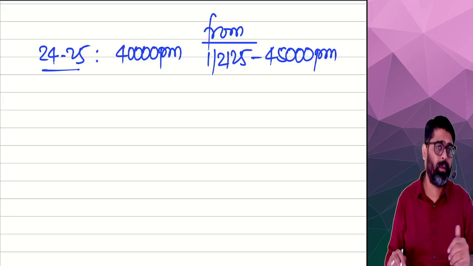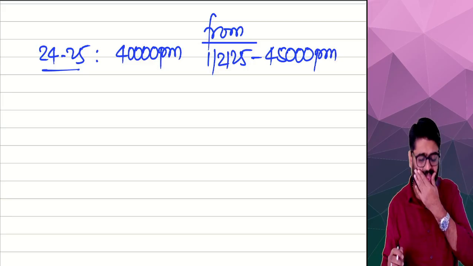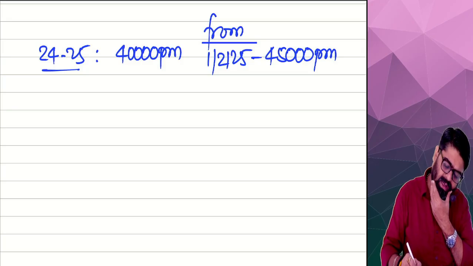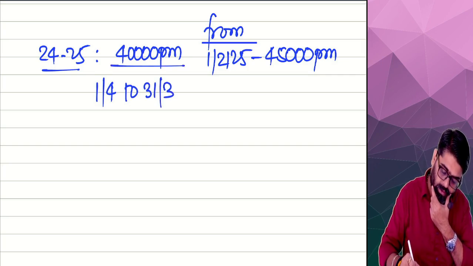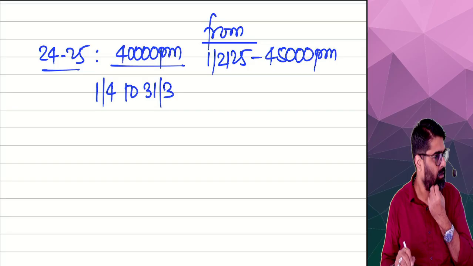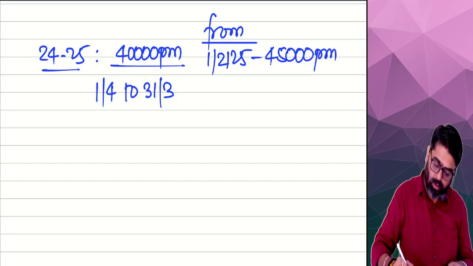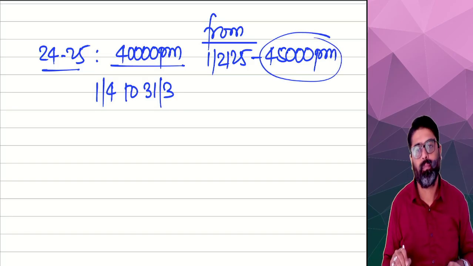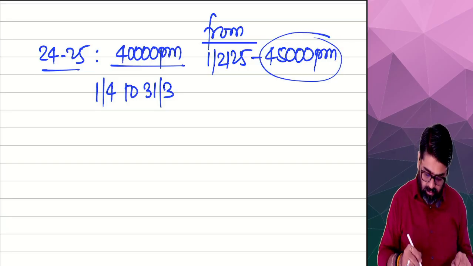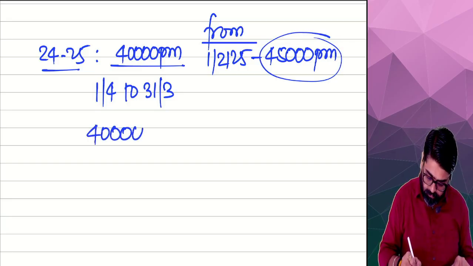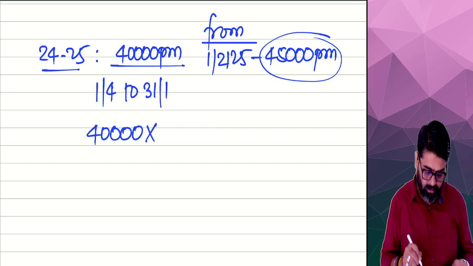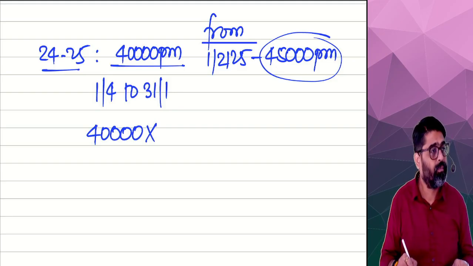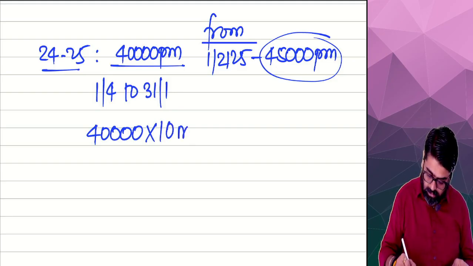So now what is happening? Employer is saying that, see, how much salary I am going to give you from April to 31st January, you're going to get 40,000 of salary. And from 1st of February, your salary will become 45,000. So this year, 40,000 into how many months? 10 months.